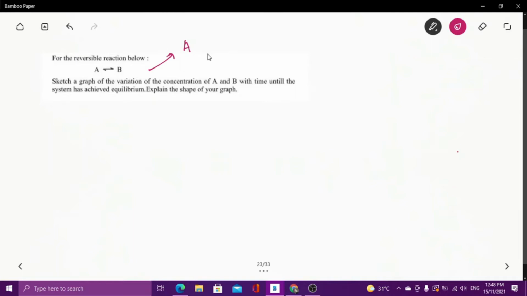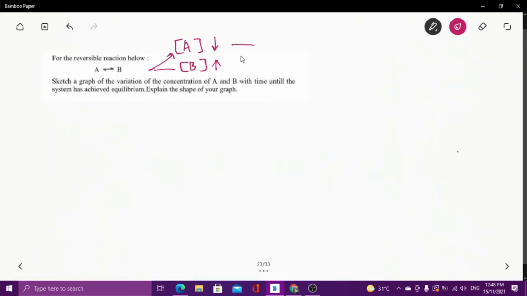So over time, apa jadi pada concentration of reactant? Reactant punya concentration akan menurun. Okay, so dia akan menurunlah over time. Manakala concentration bagi B pula, dia akan meningkat. Okay, so over time.